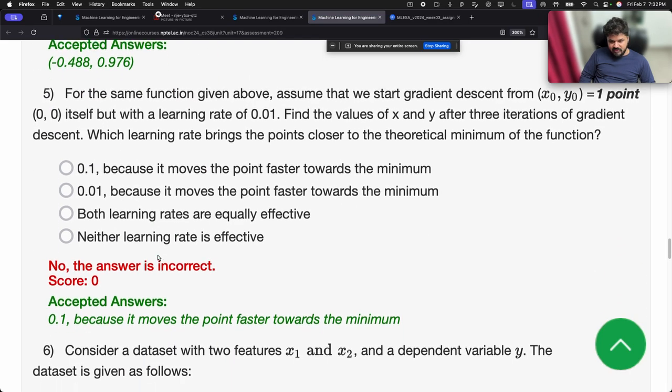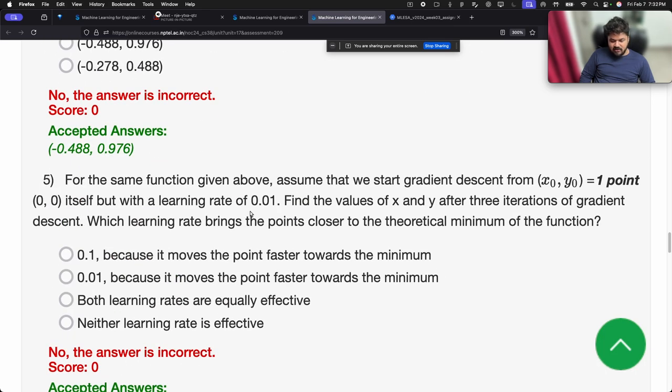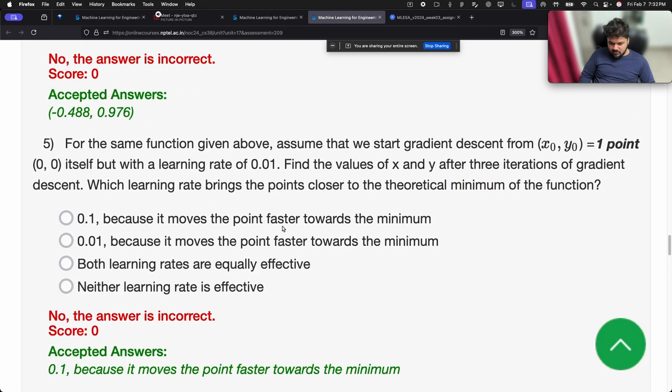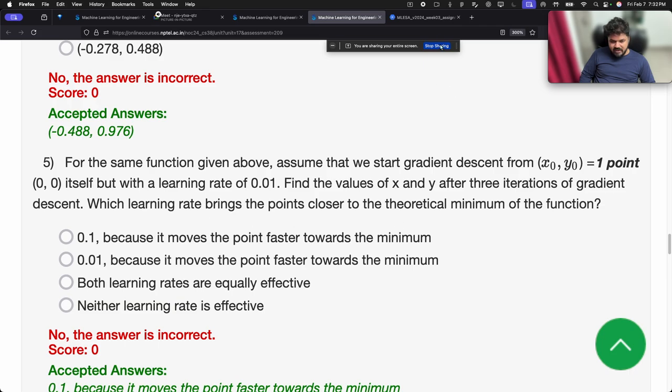Okay, so for the same function above, assume the gradient descent starts from 0, 0 with learning rate 0.01. The learning rate is reduced by 0.01. Find the values of x and y after 3 iterations of gradient descent. Which learning rate brings the point closer to the theoretical minimum of the function? Okay, they have asked to find the values. The values are not given. So you have to find, let's just see the answer.